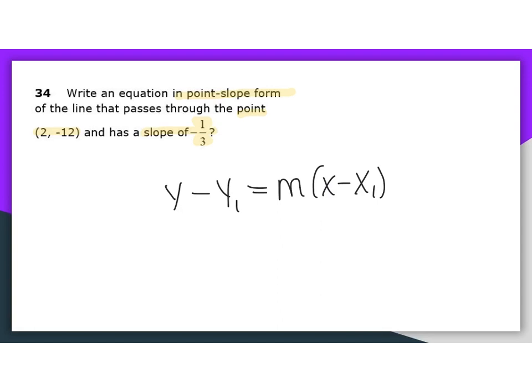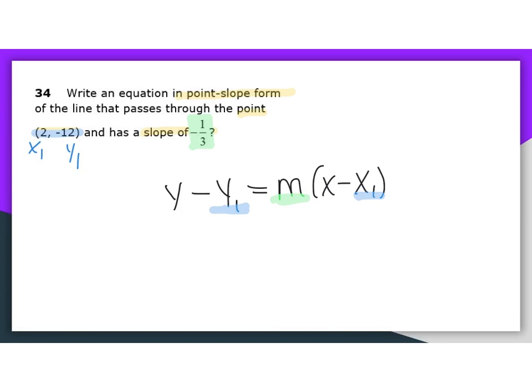The y1 and the x1 are representing points, the coordinates from the point, and our point is 2, negative 12. So I can go ahead and label that as x1 and y1. Then we have the m is our slope. The slope we know is negative 1/3.